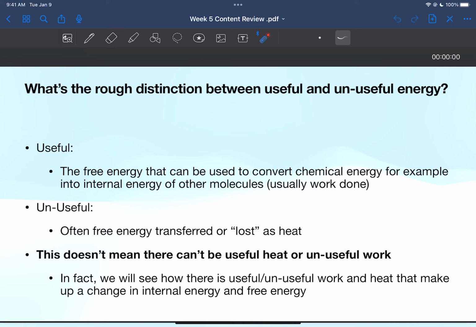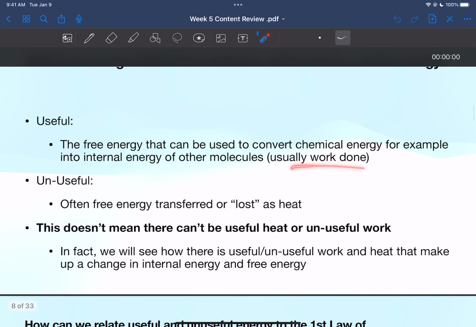That useless state of energy is just whatever internal energy the systems have when they're at equilibrium. So if you have two systems that are not in equilibrium, then you might convert chemical energy between bonds and the molecules into internal energy, and that transfer can happen through work.